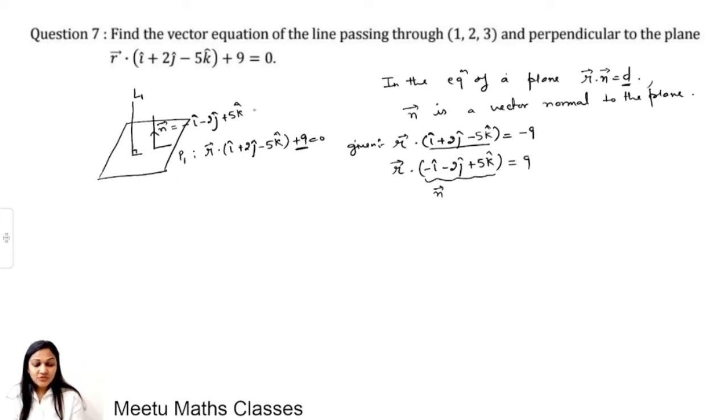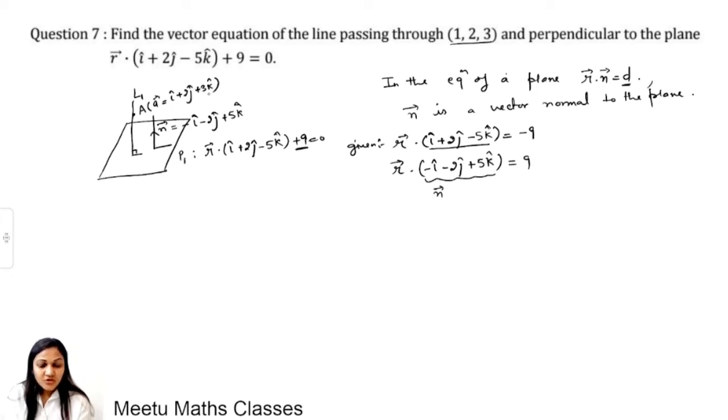Now your required line is parallel to this normal vector. And you are given that the line is passing through 1 2 3. So let the line be passing through A with position vector A, that is i plus 2j plus 3k.